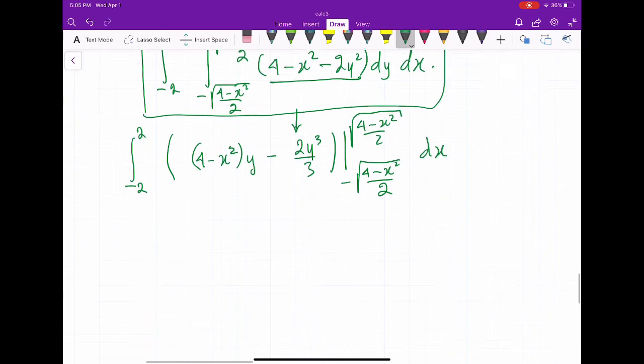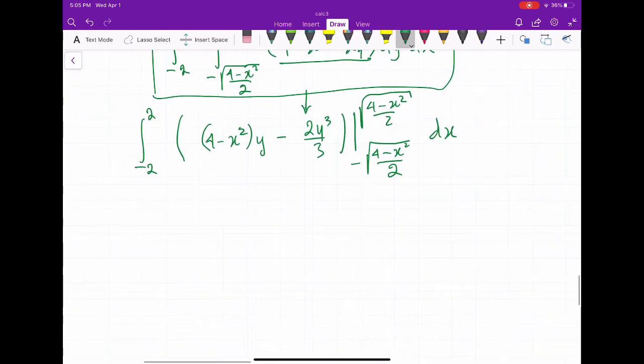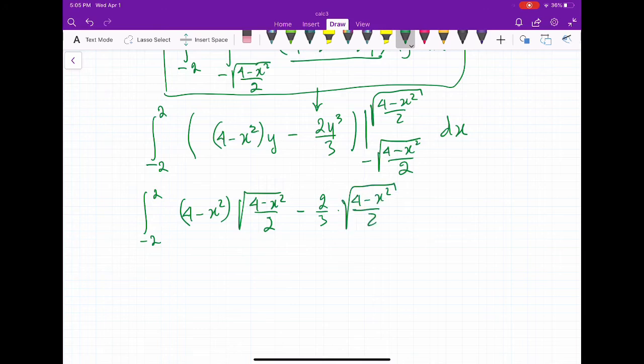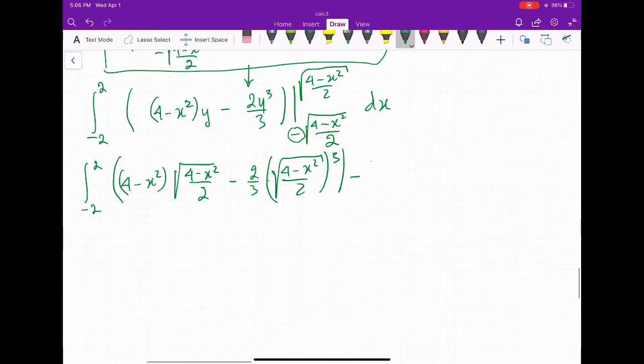Okay, so when you plug these two integration limits into this function, you get the following: negative 2 to 2, you have (4 minus x squared) times square root of (4 minus x squared) over 2, minus 2/3 times ((4 minus x squared) over 2) to the power 3/2, minus the negative of the whole value right here, dx.